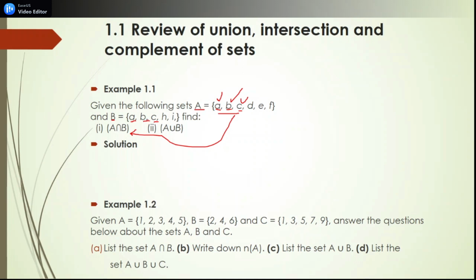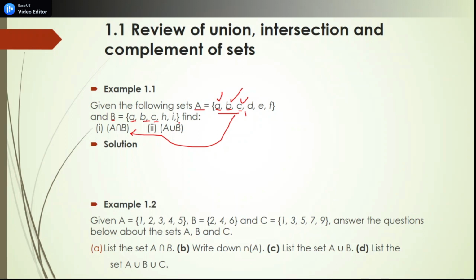So for the union, we count one time all elements of A and B. We can write A, B, C, D, E, F, H, I. All elements, except we write the elements of the intersection one time.